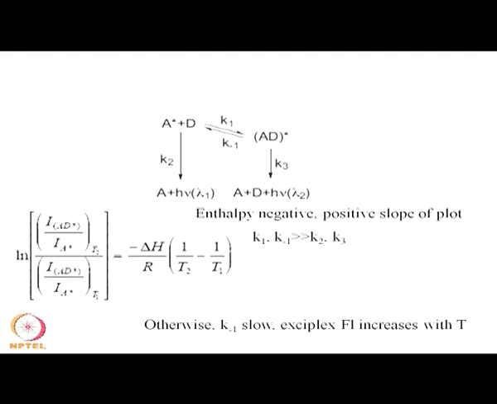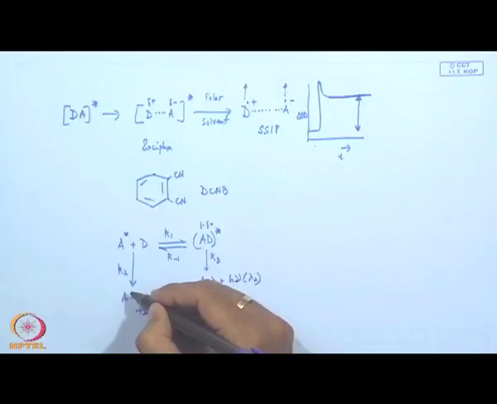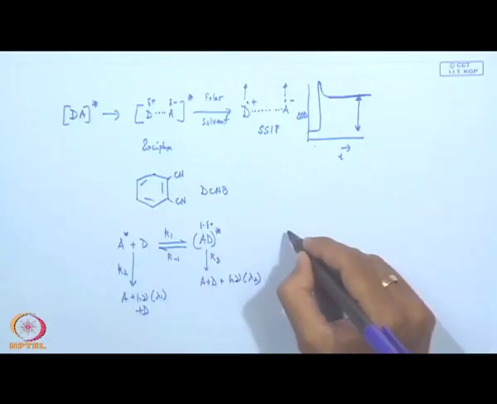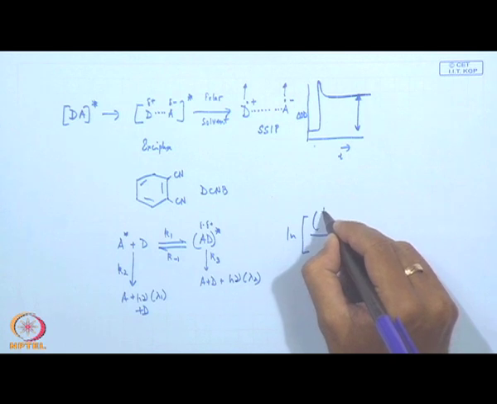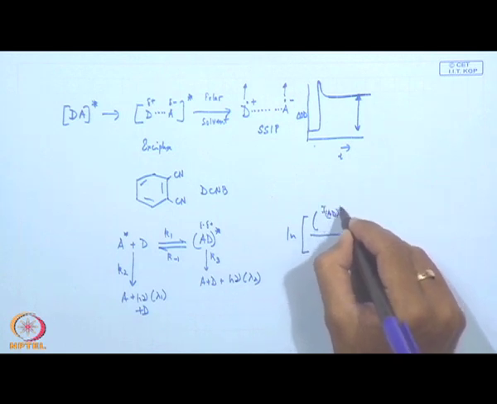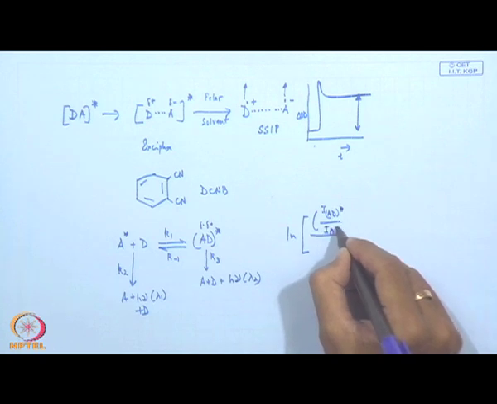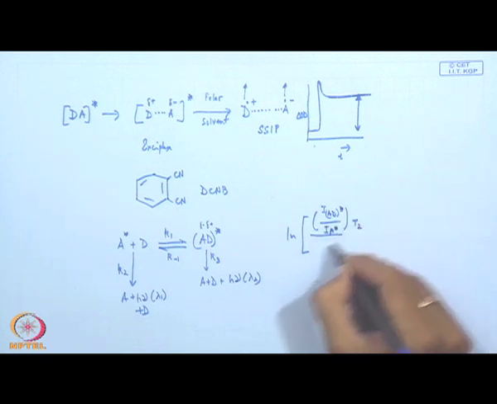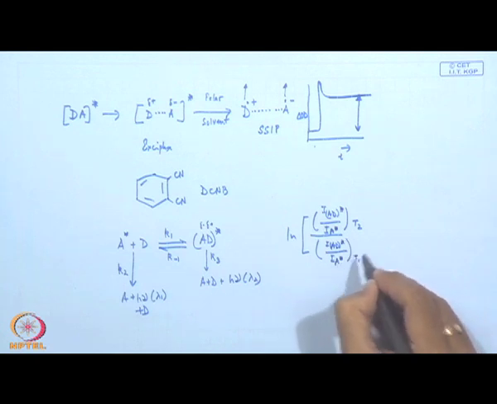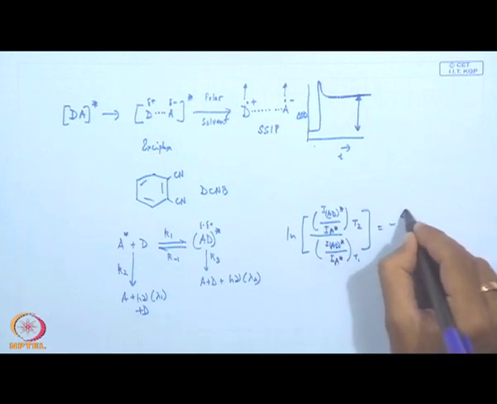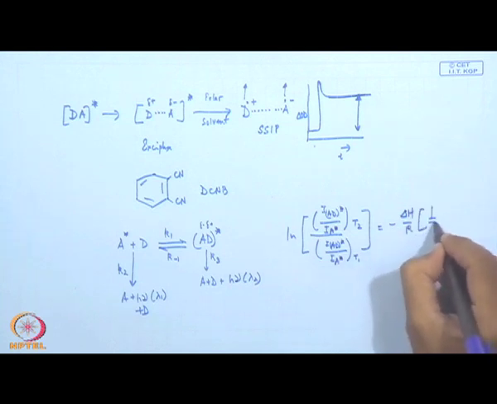So, enthalpy is negative, and if you plot I AD star, this emission intensity, divided by I A star, this emission intensity, at two different temperatures, then this relation is found to hold good. You can deduce that I AD star by I A star at T2, over I AD star by I A star at T1, will be minus delta H by R into 1 by T2 minus 1 by T1.